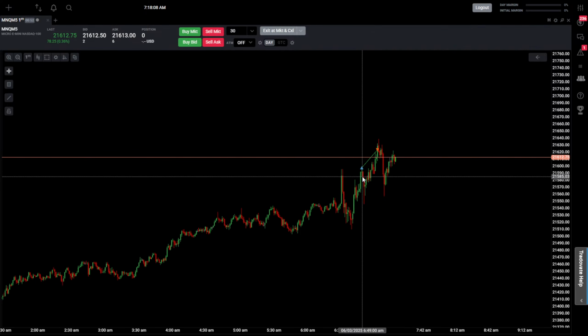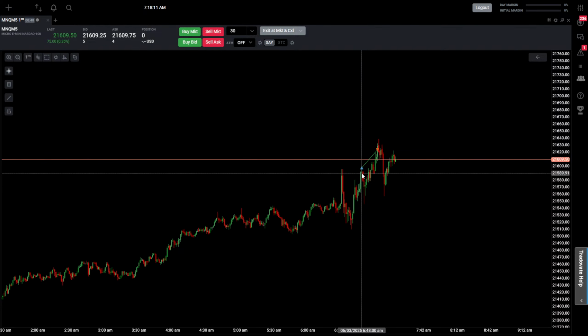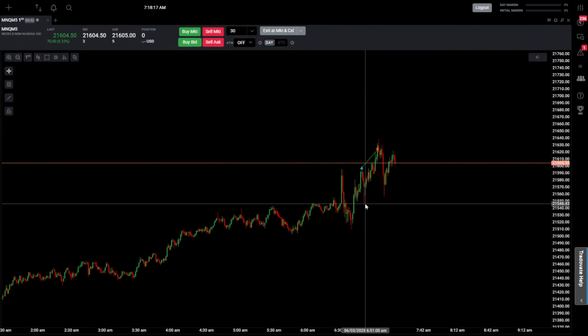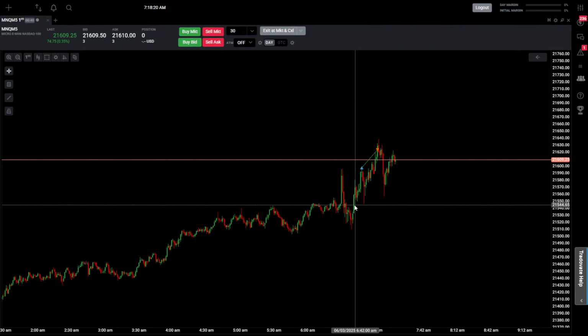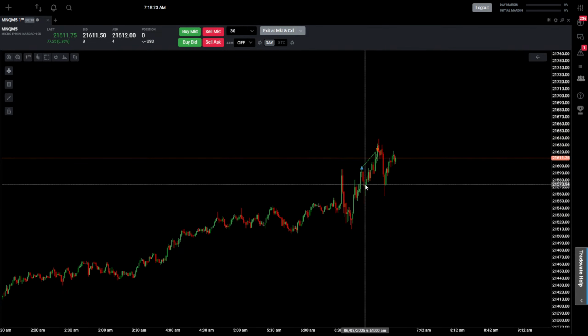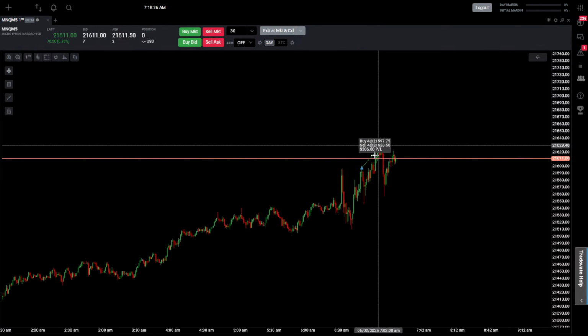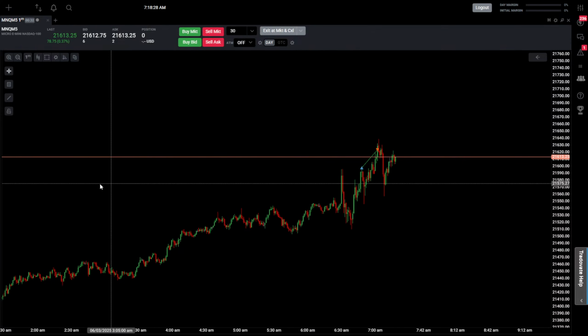When it retraced to that, I was trying to get in there, and by the time I clicked enter, it got me here, and I had to bear all this drop back into the first percent fair value gap, and then have to deal with this. But nonetheless, I took a nice little trade.